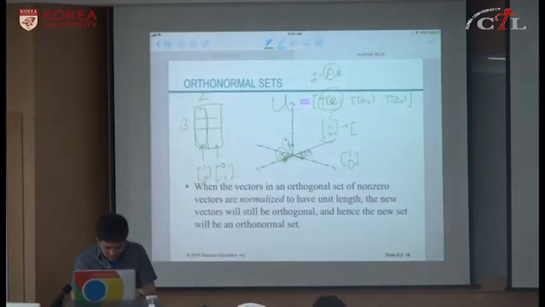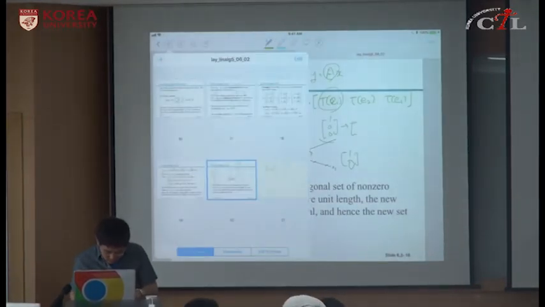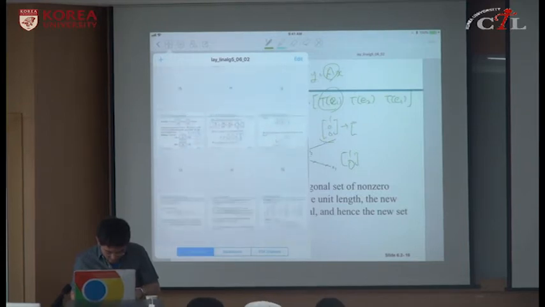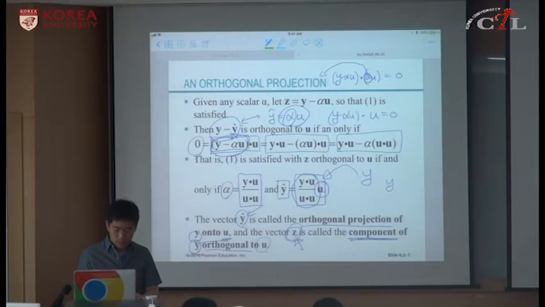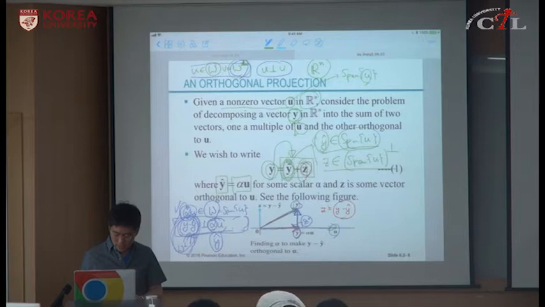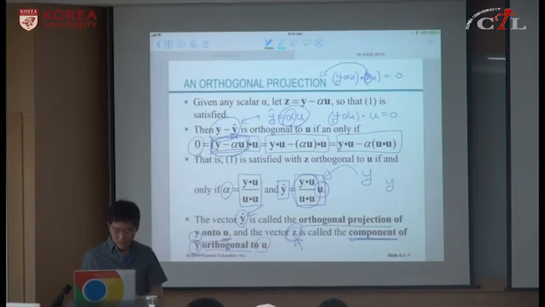We applied this derivation: we represent y as y hat plus c, and c is y minus y hat.